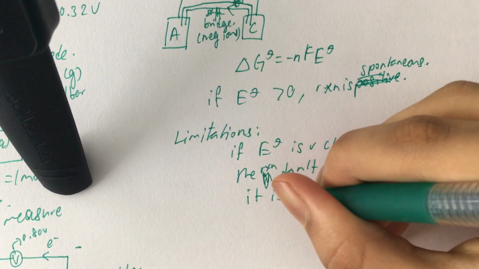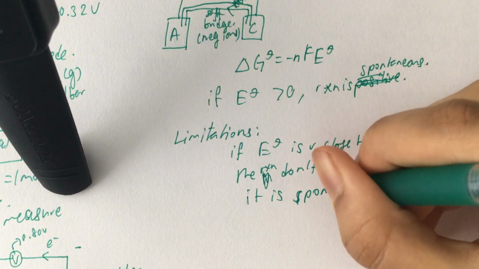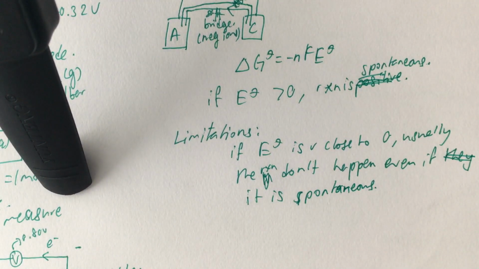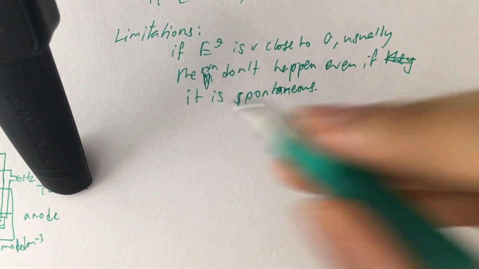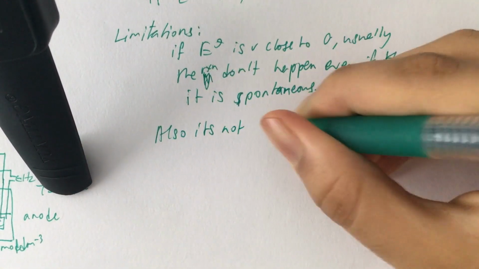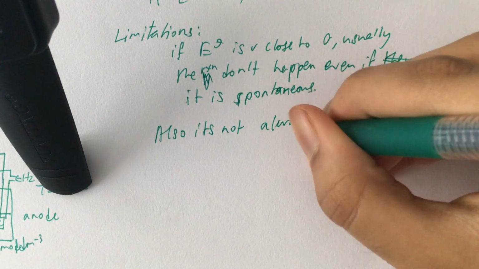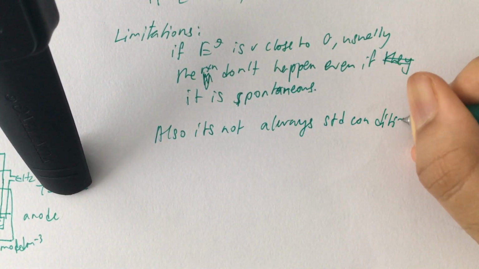Okay, so the next learning outcome is to construct redox equations using the relevant half equations. We have all these half equations over here in that list, and you can use them to construct redox reaction equations. As I mentioned earlier, you have to balance the number of electrons, so that's the main thing you need to do here.